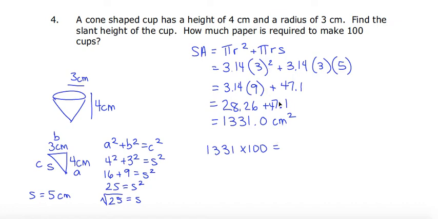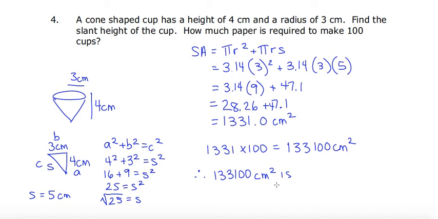So this gives me a total surface area of 133,100 centimeters squared. So our final therefore statement will be, therefore, 133,100 centimeters squared is required of paper.